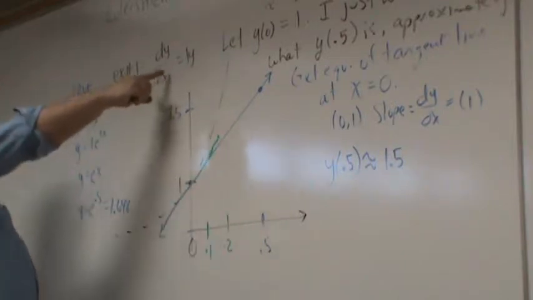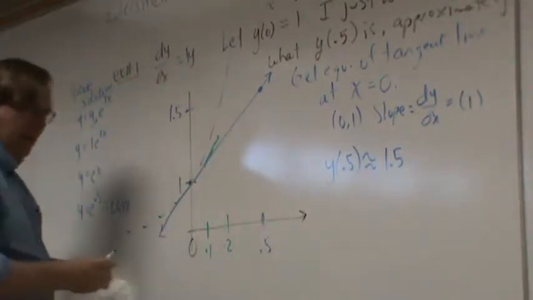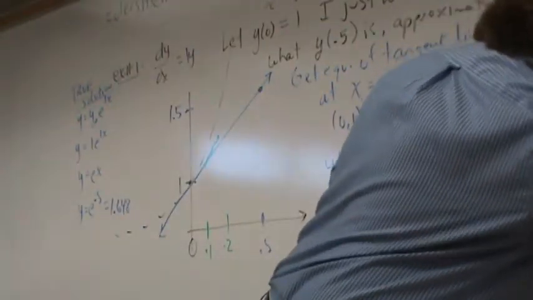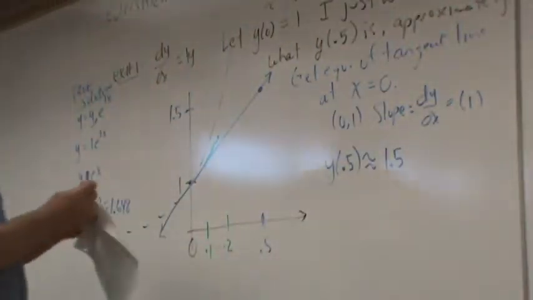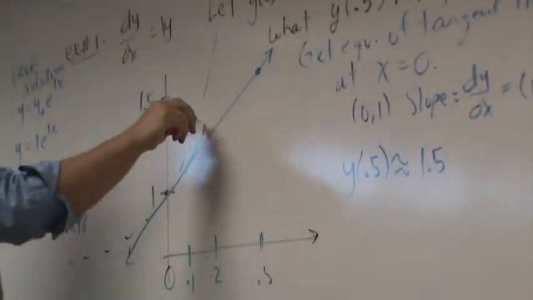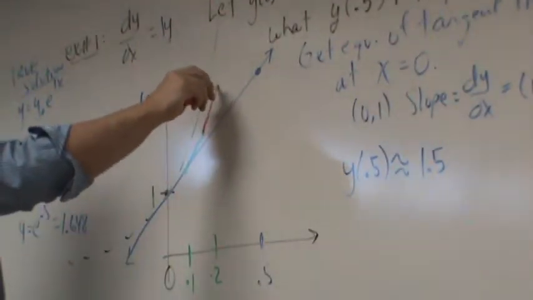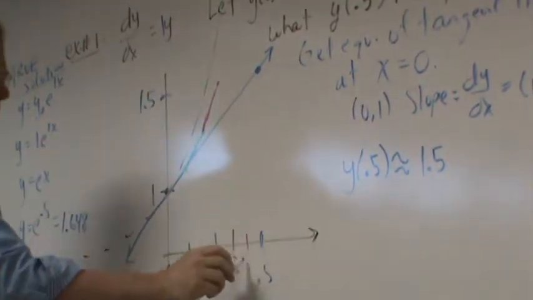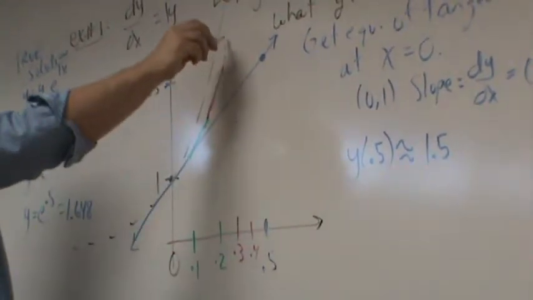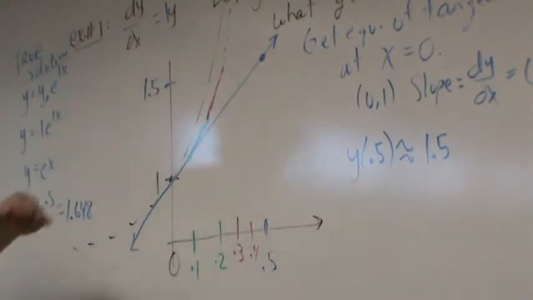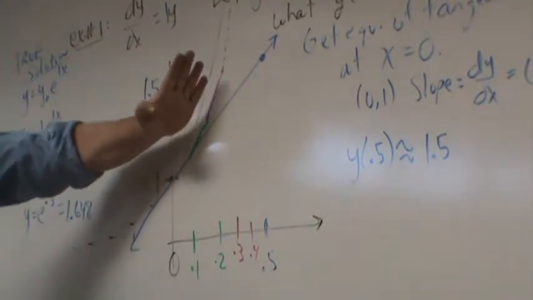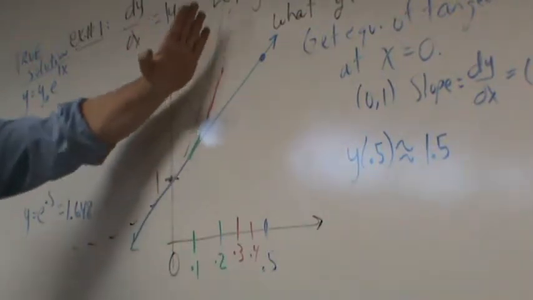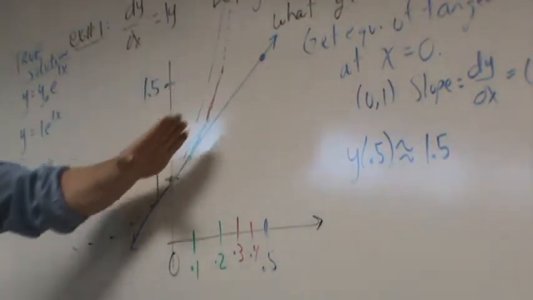And then recalculate your slope again and get a new line, in this case a bigger slope. And you ride that tangent line until you get to 0.3. And then you calculate a new slope till you get to 0.4 and a new slope to get to 0.5, and your linear approximations end up hugging the true solution a little bit better than that initial linear approximation did.